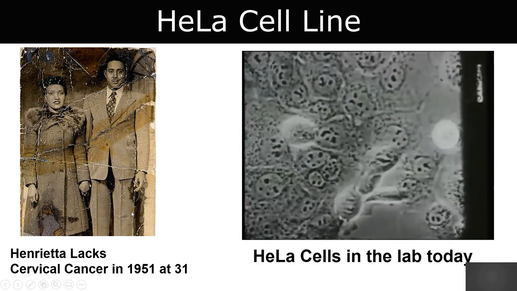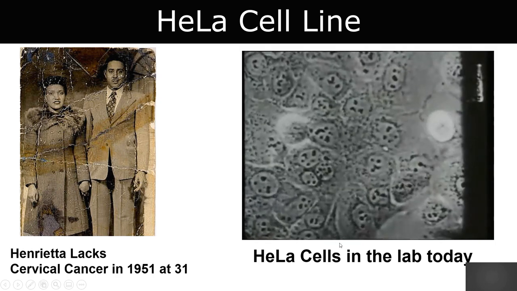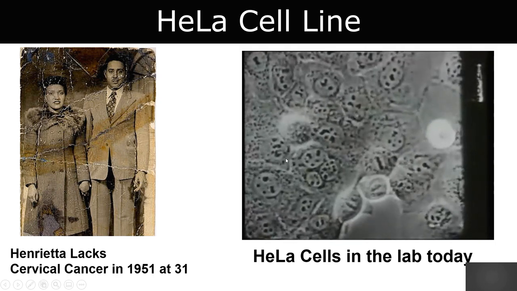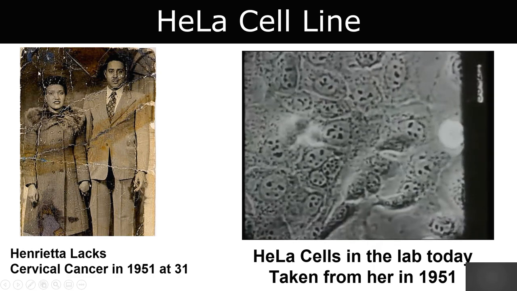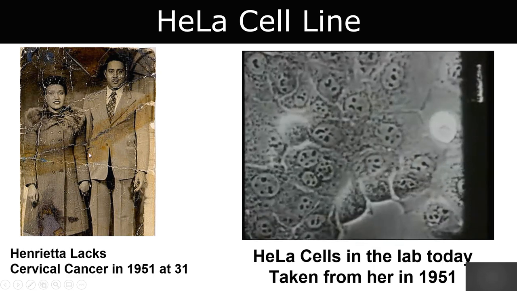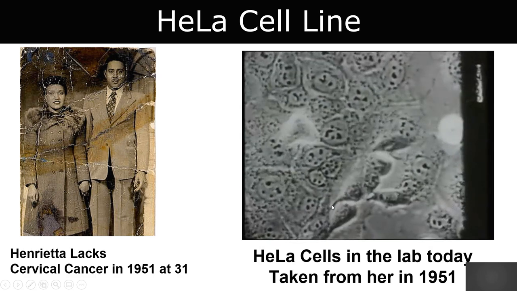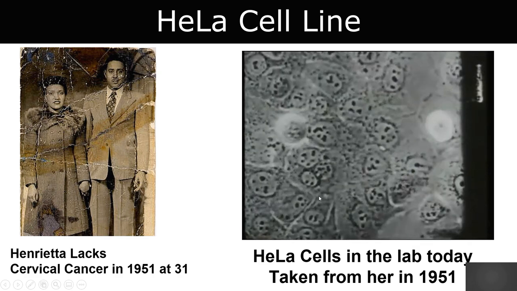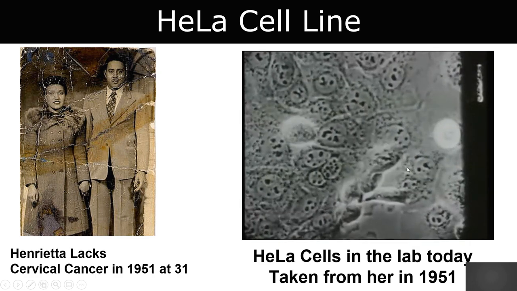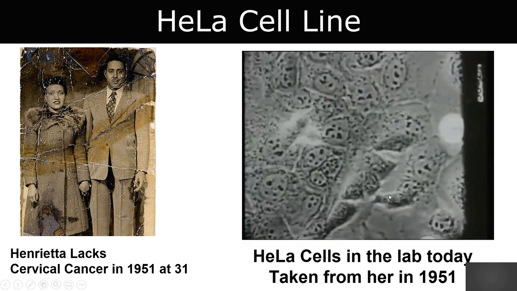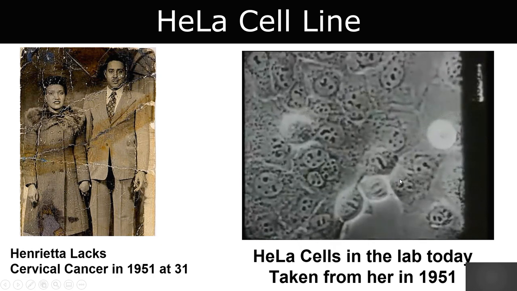And these are some of her cells, known as the HeLa cell line in labs today. The doctor that was treating her in 1951, Dr. Gray at Johns Hopkins, took a sample of her cervical tissue and started to grow it in a petri dish at the lab. And even though she died in 1951, her cells have kept dividing in the 70 years since then and are in labs all over the world today.